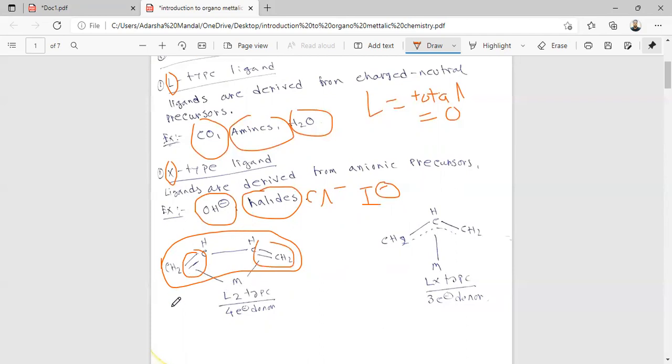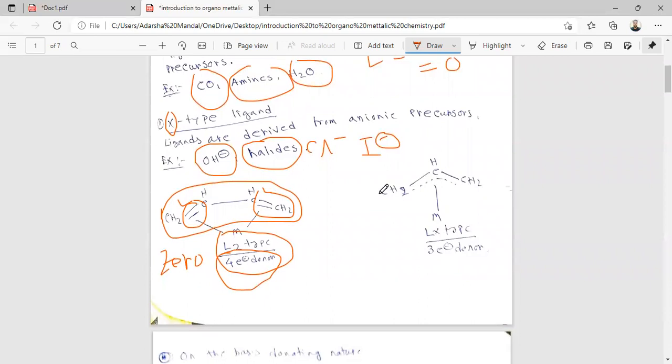Also the overall charge of this molecule is 0. So this is one L and another L. Overall it is an L2 type of ligand. That means it has two donating sites, and the two donating sites will donate a total of 4 electrons to the metal center. So it is an L2 type of ligand.